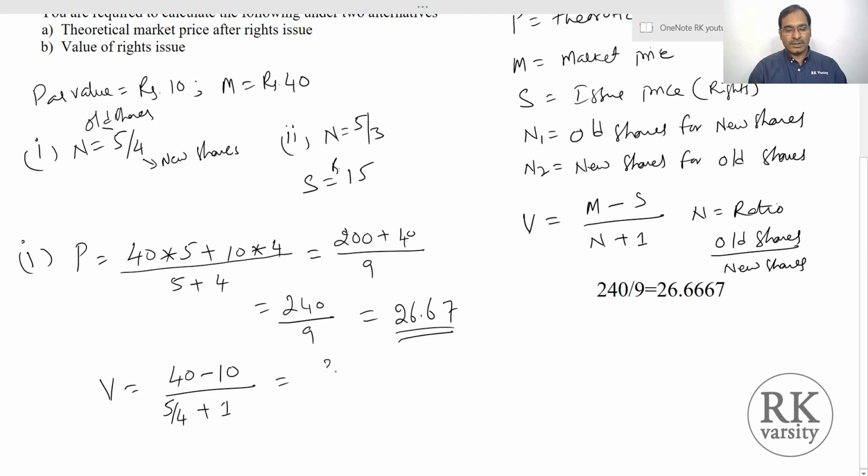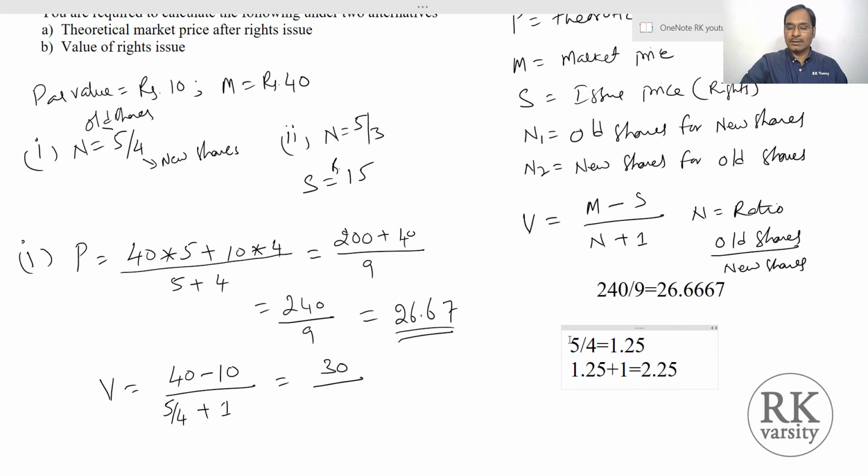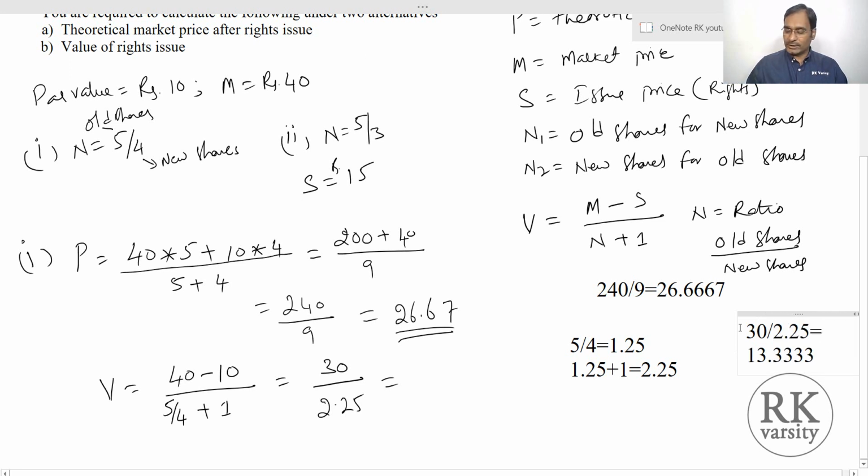So this equals 30 upon 5 by 4, that is 1.25, 1.25 plus 1, 2.25. So this equals 30 upon 2.25, so 13.33. 13.33 is the value of the rights issue. So this is the benefit that the rights issue holder is getting.